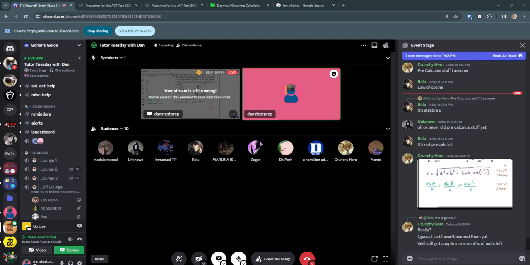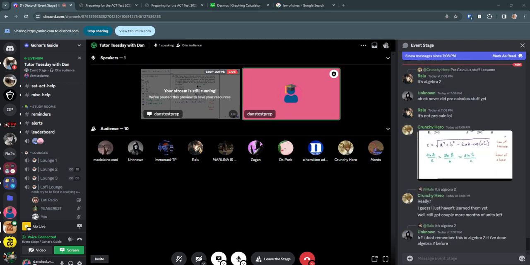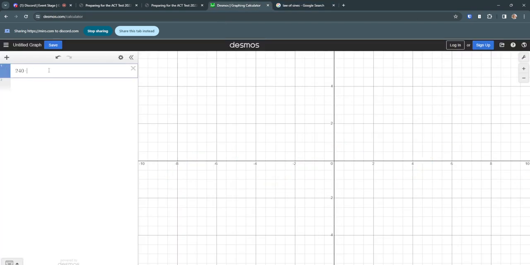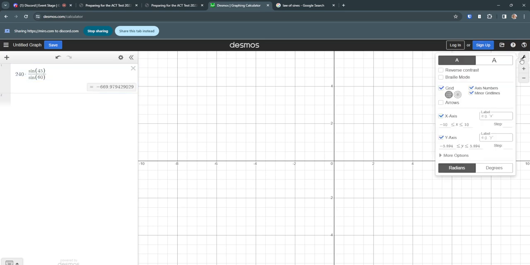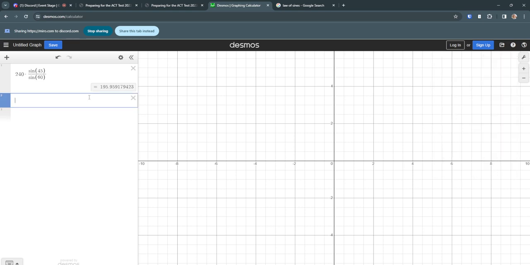So if we rearrange this, we just get x is equal to 240 times sine of 45 over sine of 60. And I would just plug it into the calculator at this point. Make sure if you're doing it with degrees, you have your calculator in degrees, otherwise you get a very different answer.